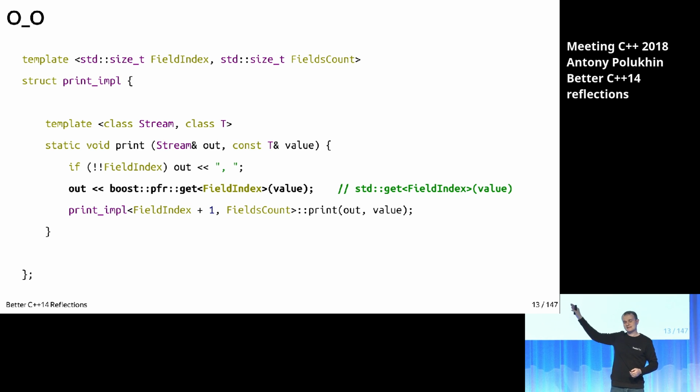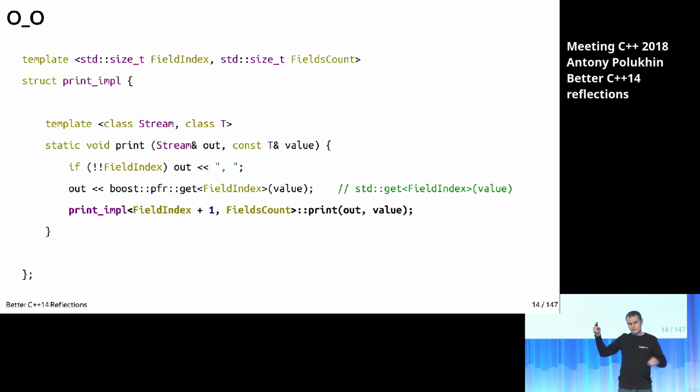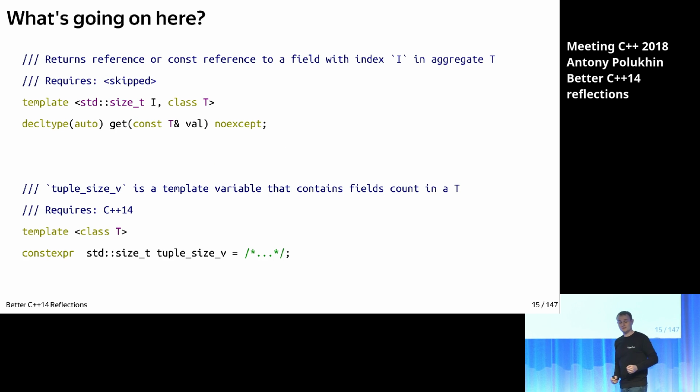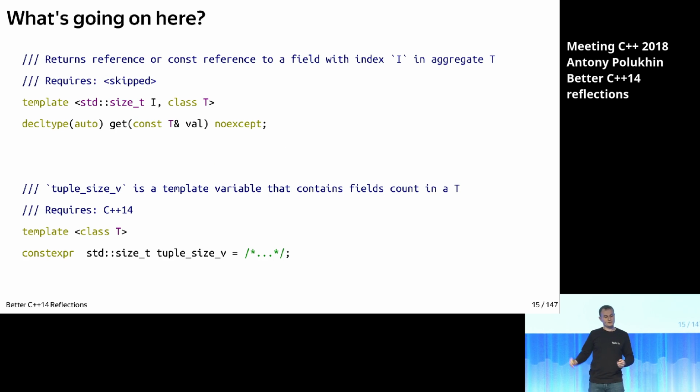Now we can access a field by index, just like std::get does with tuples. After that, we call print again for the next field. That was the introduction. For the next 40 minutes, we'll try to implement the tuple_size_v template variable, and we'll try to implement the get function that works with any user-provided type.